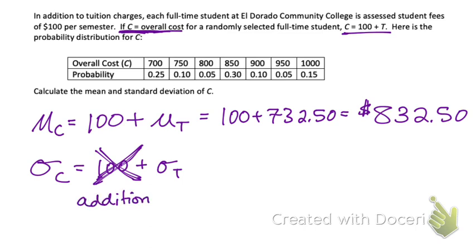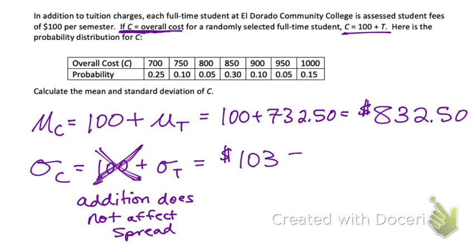Addition does not affect spread. And now I'm just going to simply write 103 because that's what it was. Does that make sense? Do you have any questions?